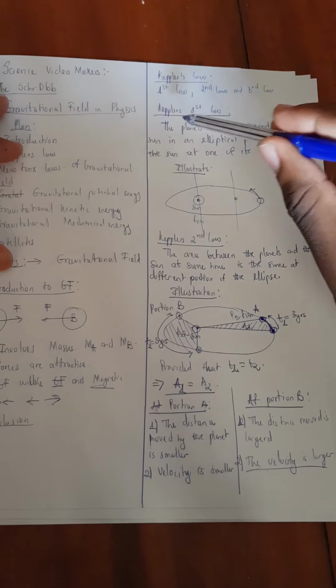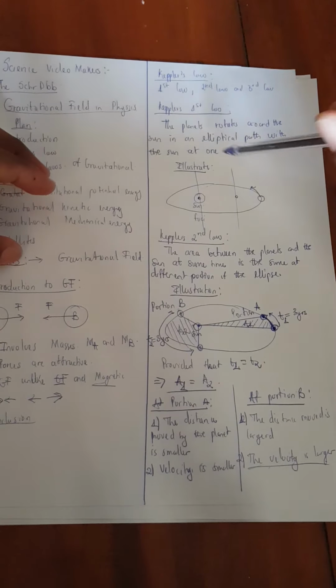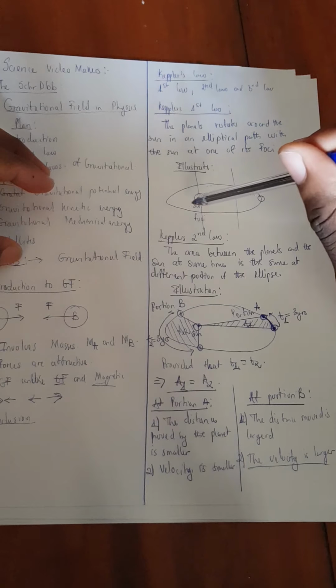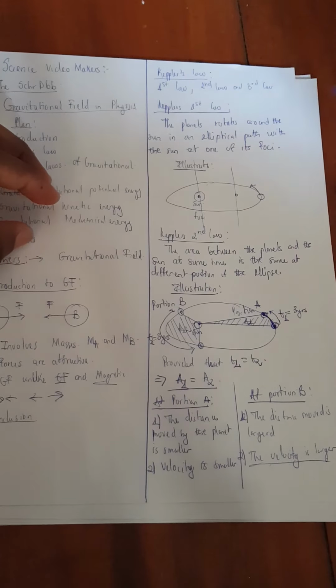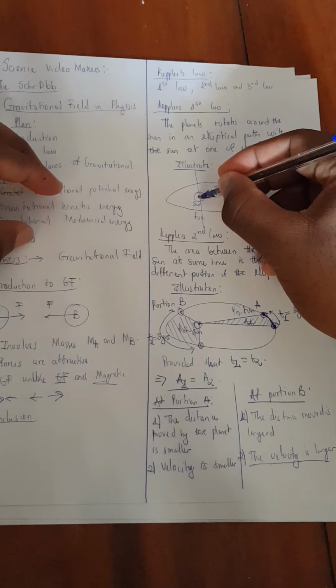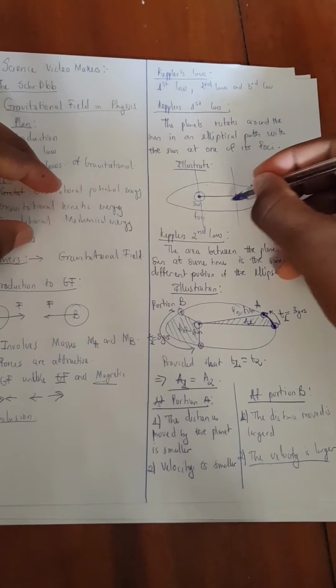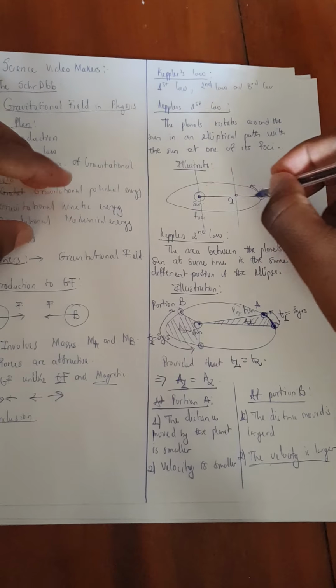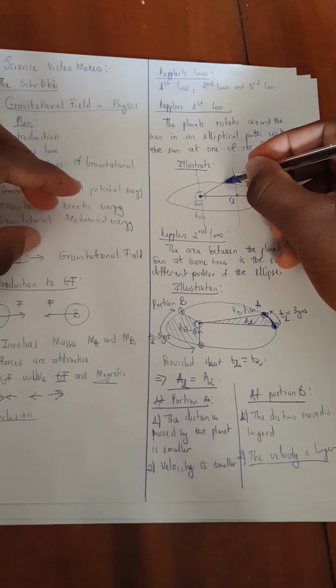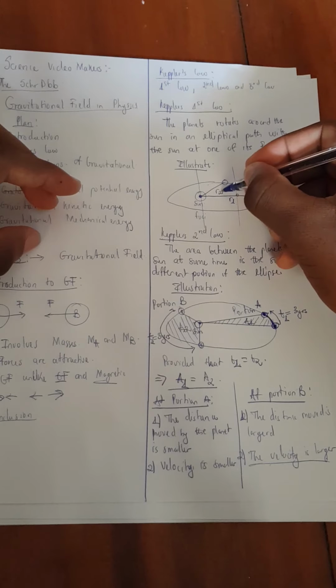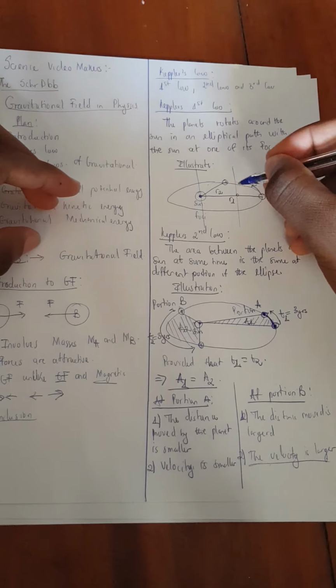from Kepler's first law that the planet is rotating around the sun in an elliptical path. So we realize that from the ellipse, the sun has a certain distance, let's say r1, from the planet to the sun. And this second distance here will be r2.